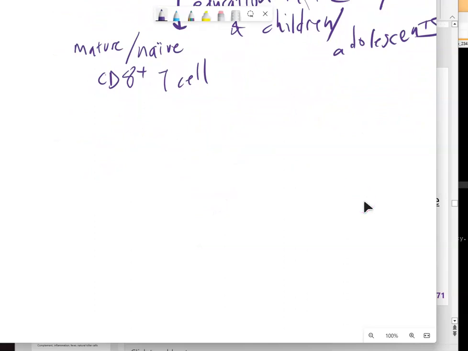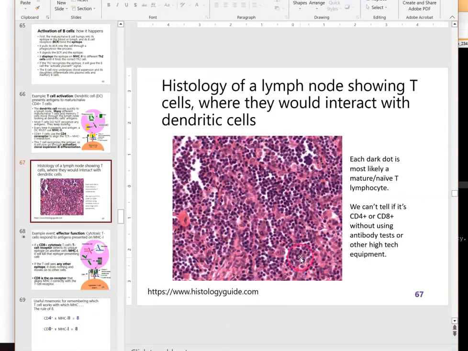So then that CD8 positive cytotoxic T cell, what happens to it? It waits. This is what you should picture. I don't know if you can see this or not, but you should go to histologyguide.com and find the lymphoid organs section and just zoom in on that lymph node, because it's amazing.